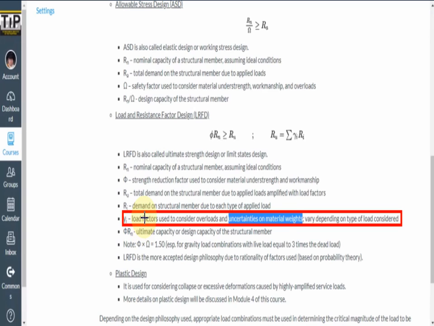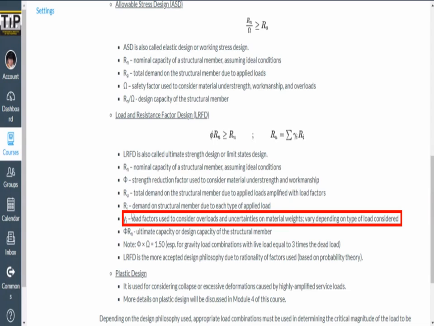So we also consider those uncertainties, and the load factors depend on the type of load considered. If you have already taken RCD, we have this particular load combination 1.2 DL plus 1.6 LL. So for the dead load, the load factor is 1.2. The live load, the load factor is 1.6.